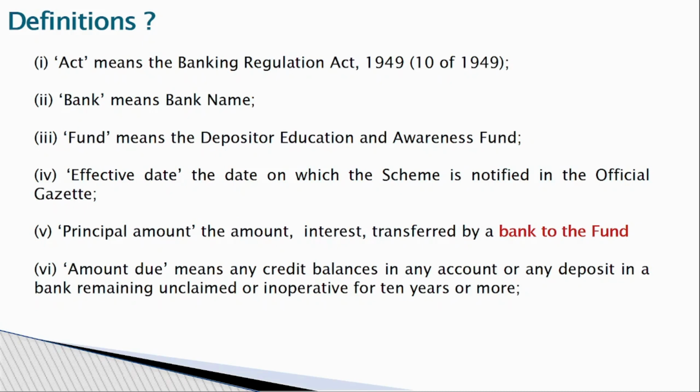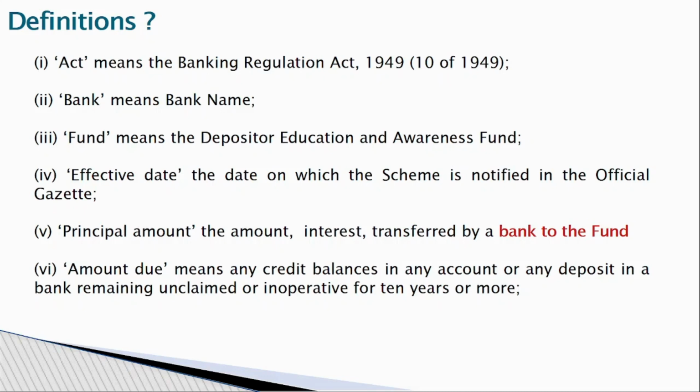Act means the Banking Regulation Act. Bank means the bank that will transfer the money to the DEAF. Fund means whatever fund is available in the DEAF fund, which was transferred from different banks. Effective date means when the DEAF fund was officially notified to banks.